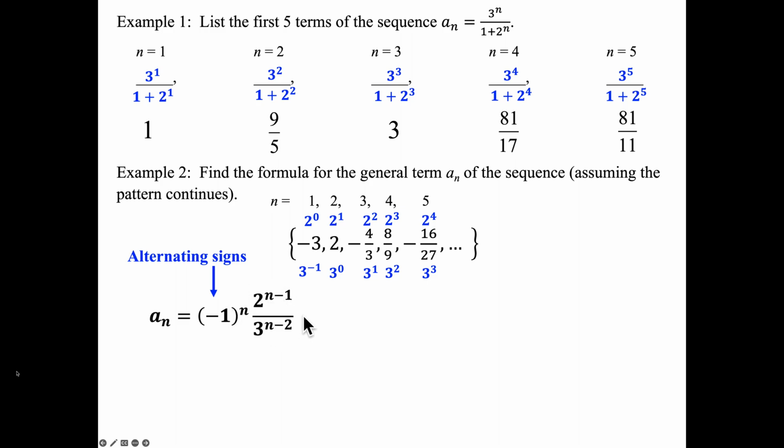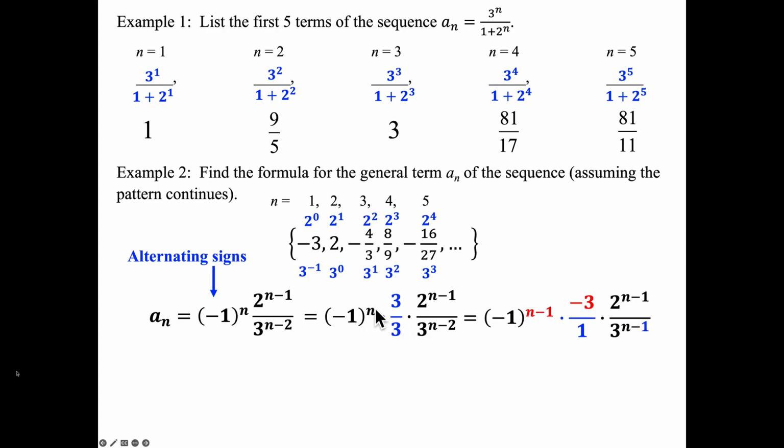Now, sometimes we have to clean this up to the point where we like to have everything with the same exponent. So on the bottom, n minus 2, if I multiply my fraction by 3 over 3, that 3 to the first times 3 to the n minus 2 will add 1 to this exponent, and that will create an n minus 1. And then I'm going to do the same thing to my n.